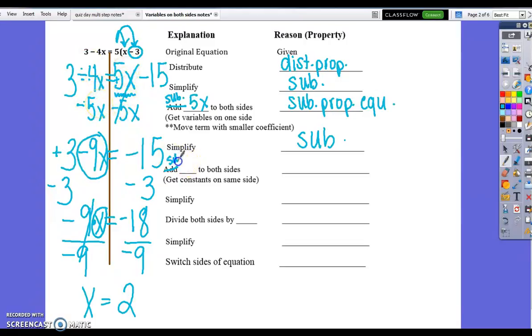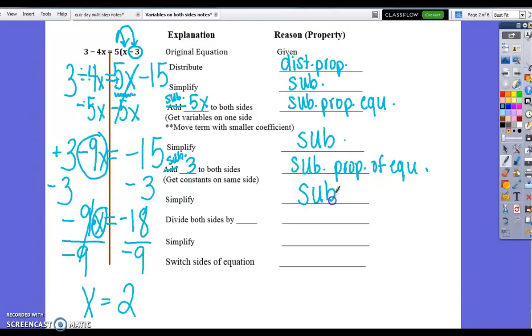So I'm going to subtract a 3 from both sides, which is the subtraction property of equality. I believe on the notes on student or parent view, the completed ones, I wrote it the correct way. So if you wanted to see it working the opposite way, you could go look that up.